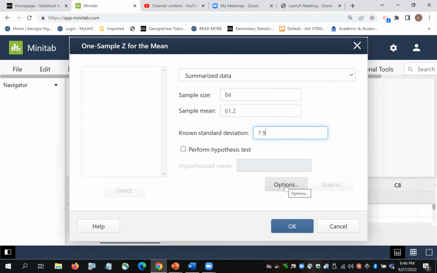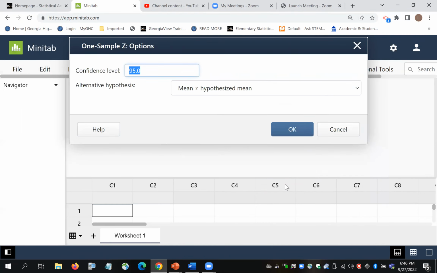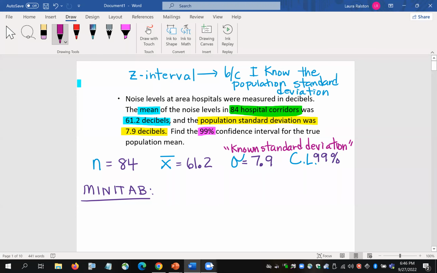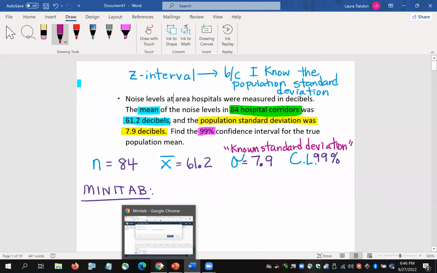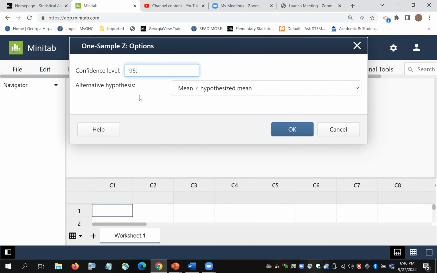I then am going to choose options, and it said construct a, what did it say? 99%. So I need to change my confidence level to 99. The alternative hypothesis will always stay the mean does not equal the hypothesized mean, so you don't have to worry about changing that part.